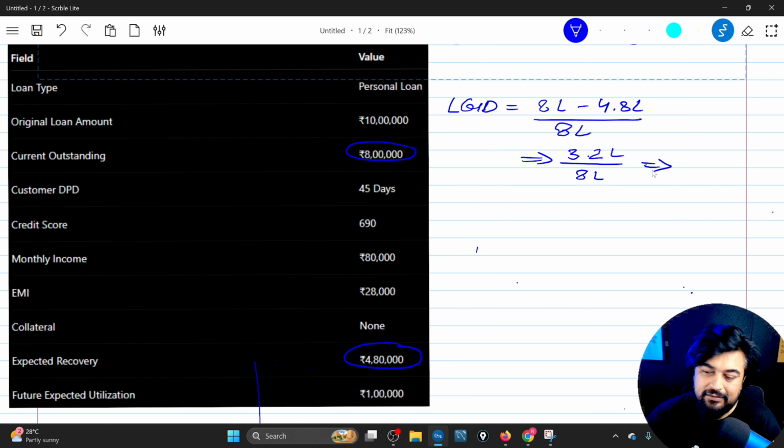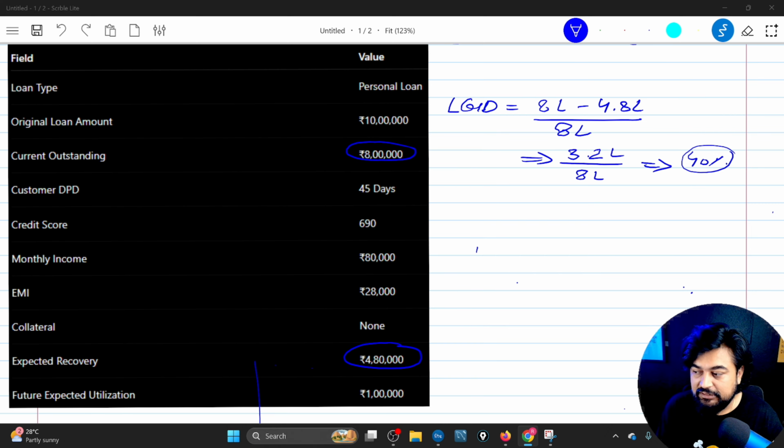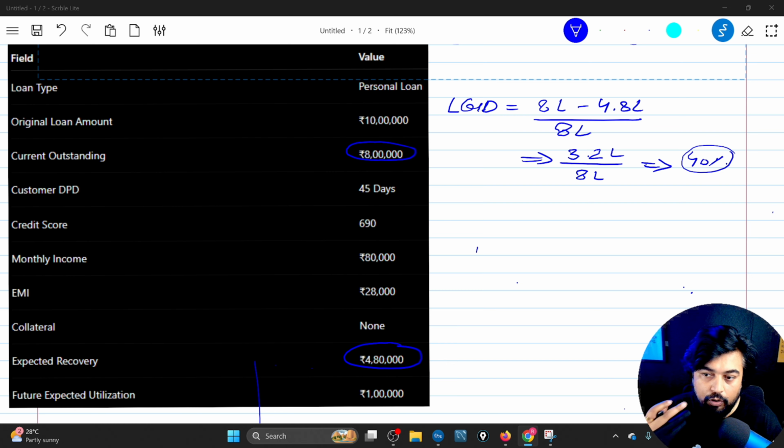If we divide 3.2 by 8 lakh and convert that into a percentage, it will be close to 40%. So basically the loss given default will be 40% of the value. Even after collection and recovery efforts, the bank is expecting that 40% of the loss will happen. So that's why the concept of LGD is important. Now the bank knows what the loss given default will be.